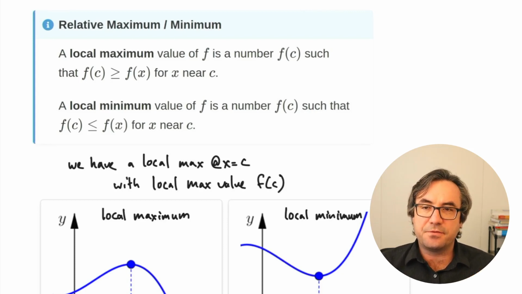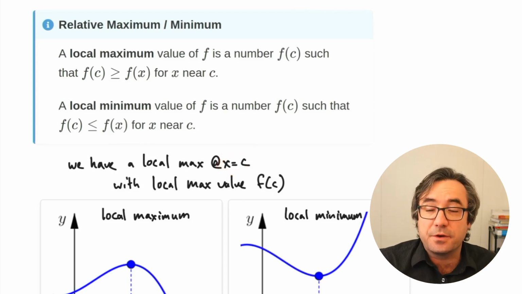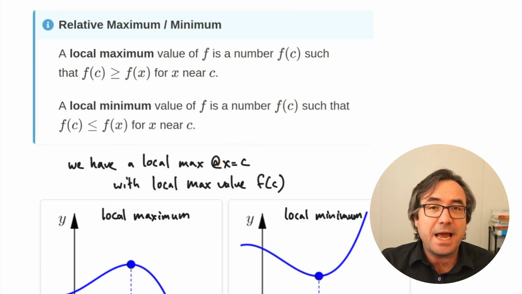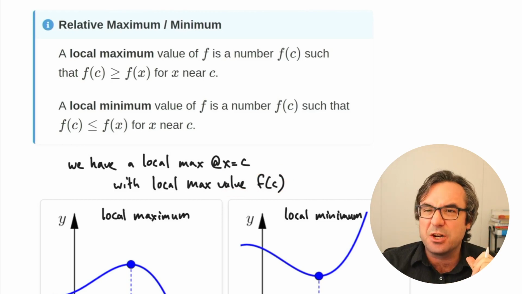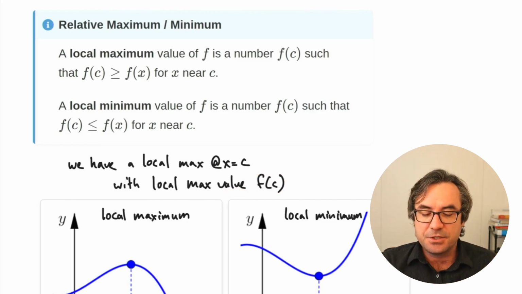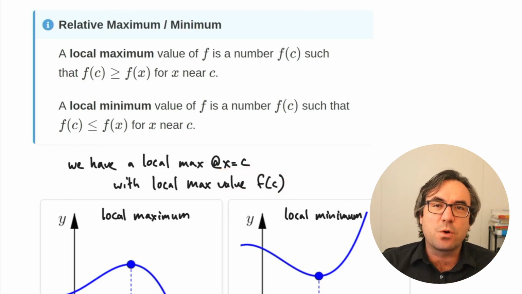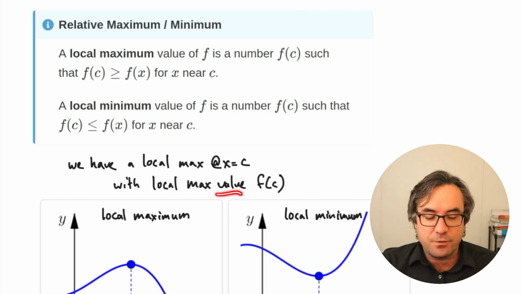So you want to think of the x value as where the high point's happening or where the low point's happening, and then f of c is the actual value. So we want to think of the x coordinate as where this thing's happening, and then the value of our function is the max value or the min value.